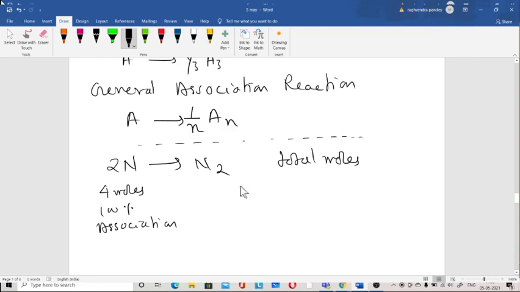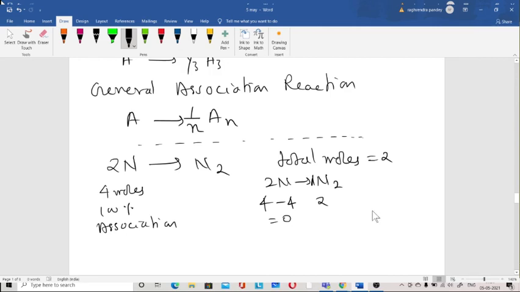Now that is very easy. 2N is giving N2, so out of 4, all 4 are associating. So 2 is giving 1, so 4 will give 2. So total moles will be 2.